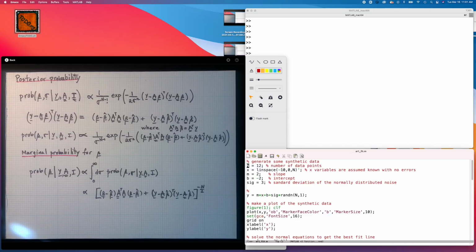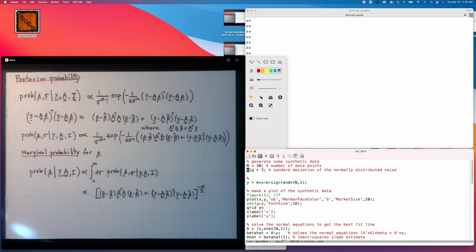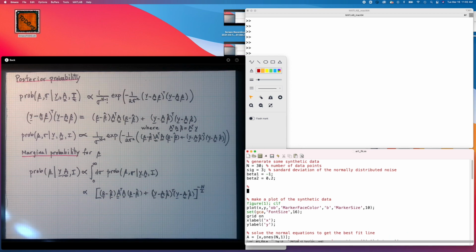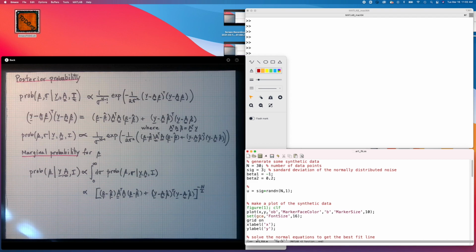At the beginning, I used to generate some synthetic data, and we're going to do the same thing now, except that we're going to generate noise from an AR1 process. There's no need for an X. We can keep sigma for the standard deviation of the noise. We have to assume parameters for beta 1 and beta 2. Then we generate some random noise. And then we give it an initial condition.